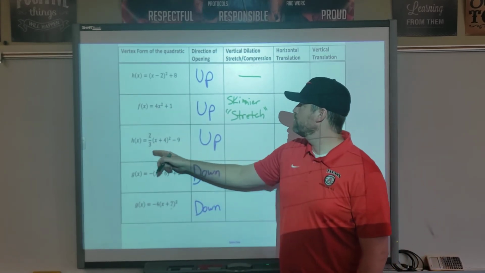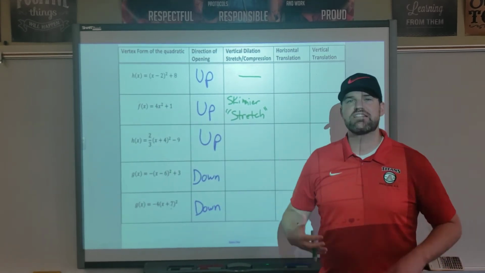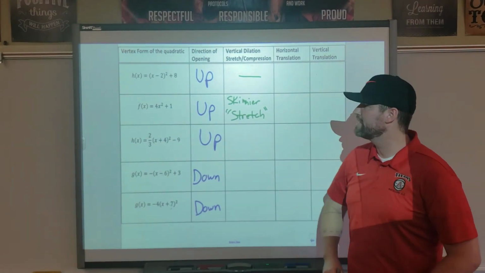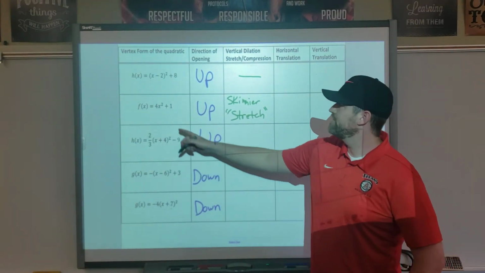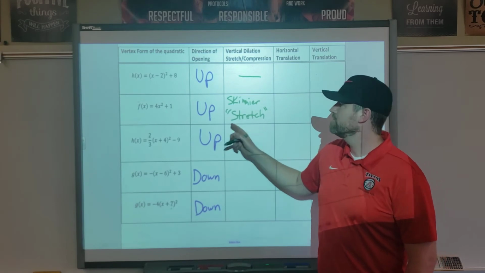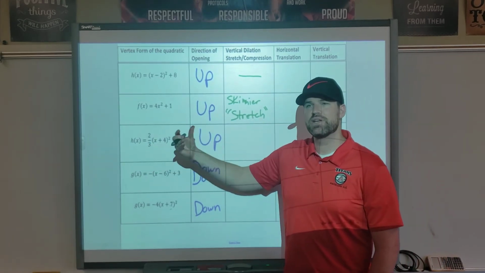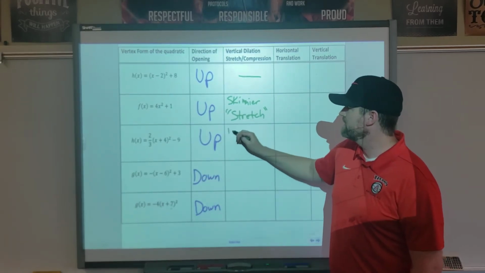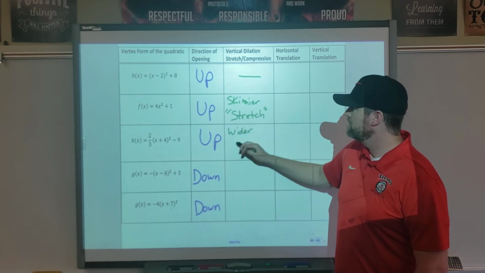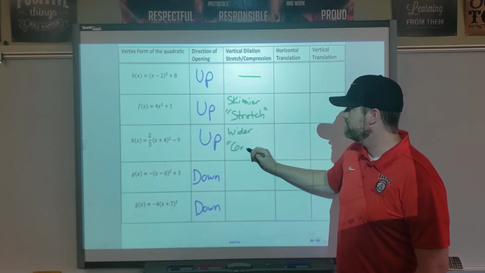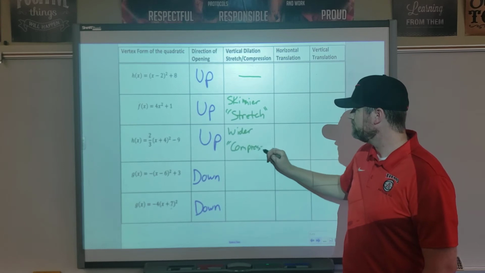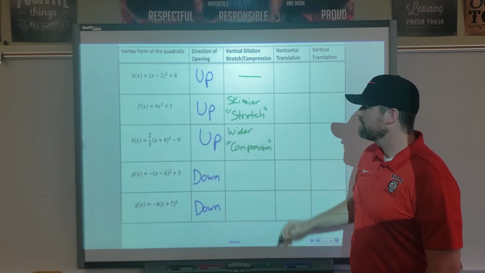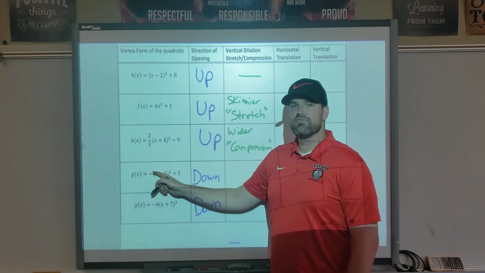This one is 2/3, and 2/3 is smaller than 1, right? So it's between 0 and 1. We know that if it's bigger than 1, it's a stretch, but if it's between 0 and 1, that is going to make the graph wider, which is what we call a compression. This one is -1.